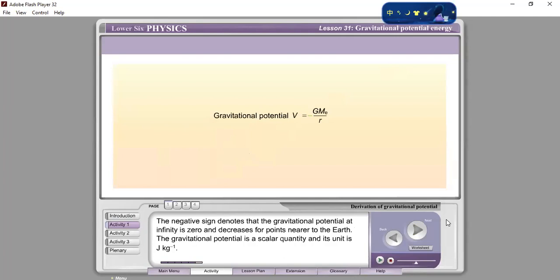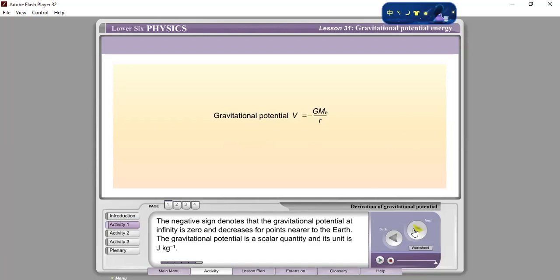The gravitational potential is a scalar quantity and its unit is joule per kilogram. So gravitational potential V equals negative G mE over R. Negative means that the gravitational potential at infinity is zero and decreases for points near to the Earth. So if it is very far, at infinity, that means very far.